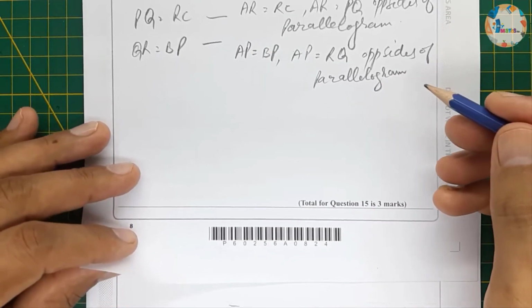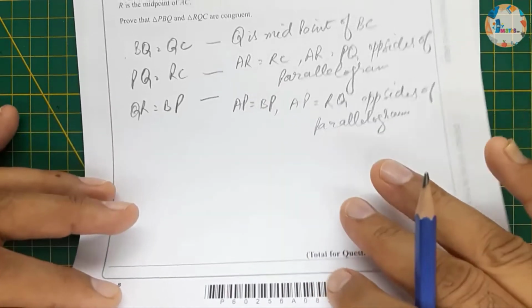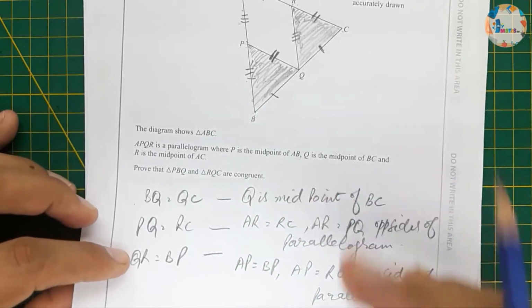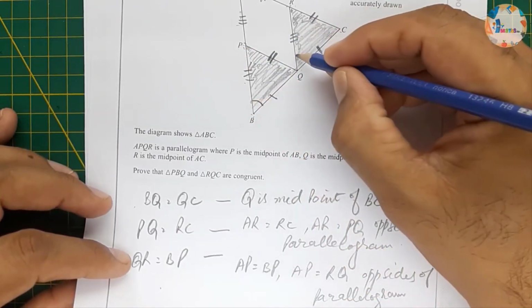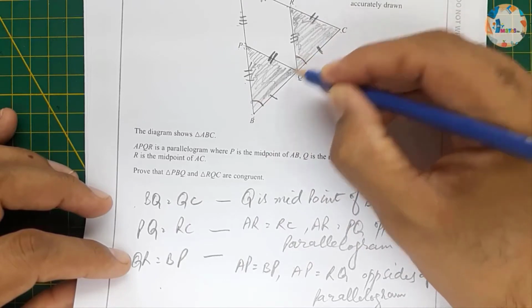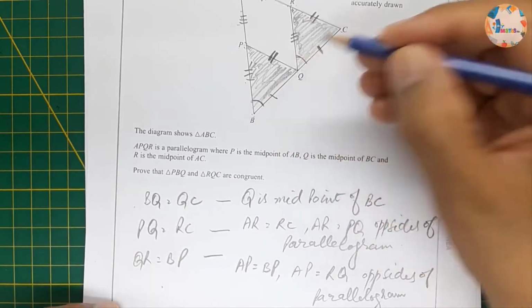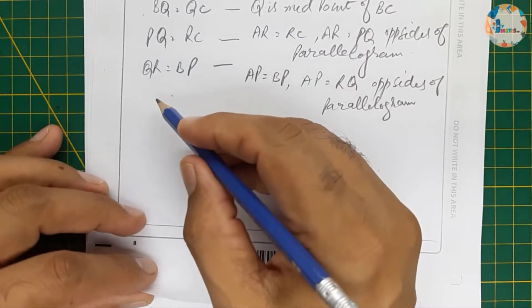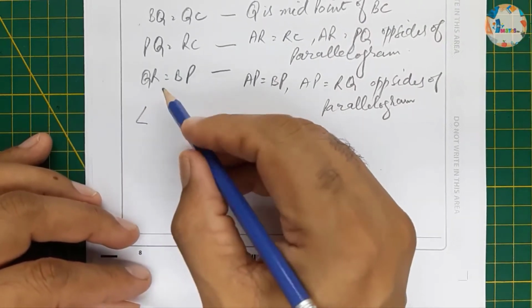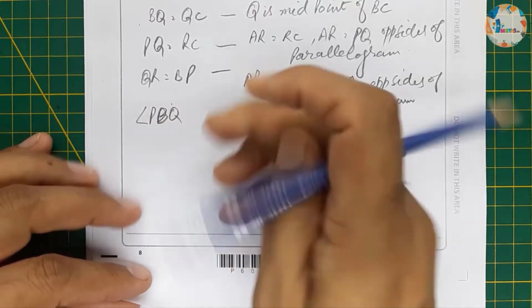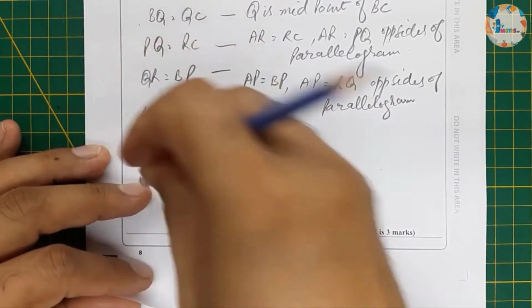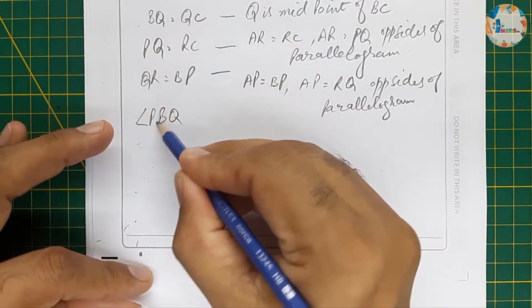Now next, angles we can check. Angle PBQ. This angle will be equal to this angle because these two are corresponding angles. So I will rewrite.